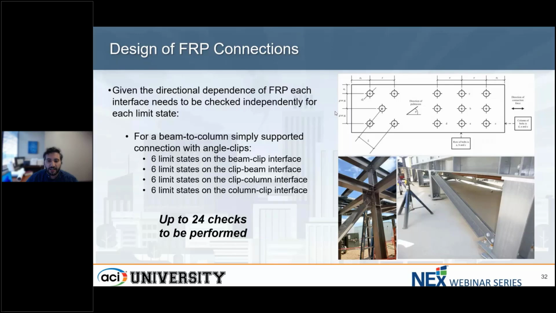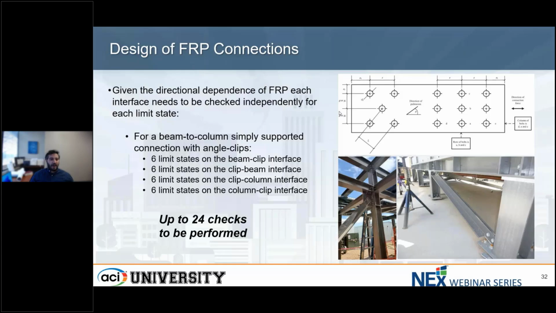When the direction of the force, like in this case, is horizontal, our S, the pitch distance, G, the gauge distance, E1 and E2 are as shown in this figure. But if we reverse the direction of the force, we also have to reverse the definition of our geometry. So what before was G will become S, what before was E1 will become E2, and so on and so forth.